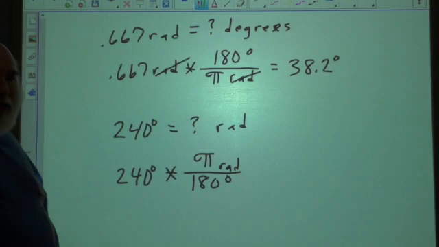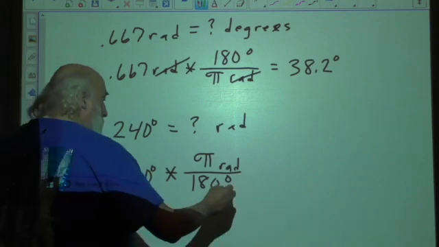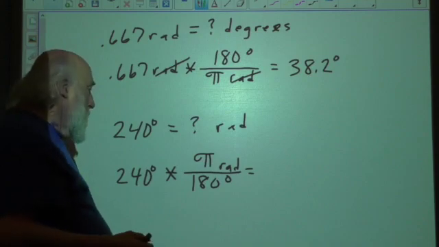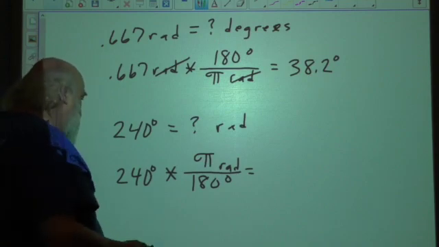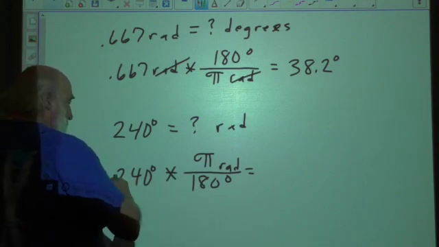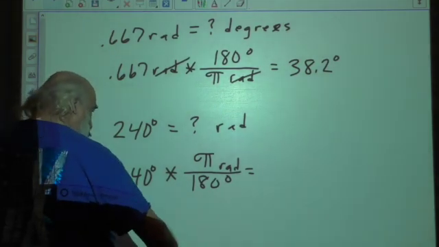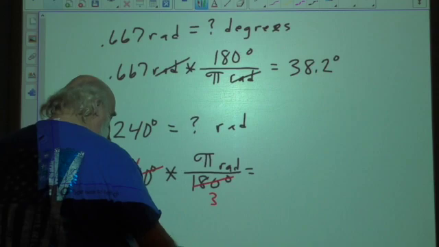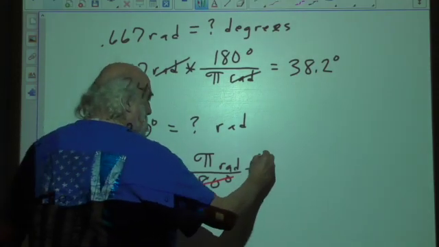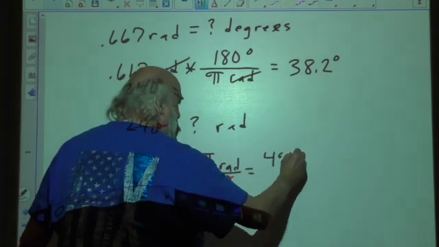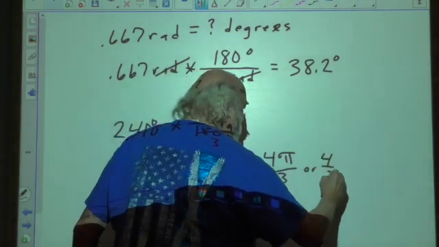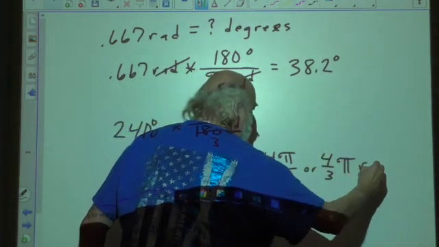Now there are two ways we can give this answer. One, if you want to leave it in fractional form, which you see a lot in various situations, you cancel a 60 out of both of these, and that's going to give you a 4 here and a 3 here. So your answer is going to be 4 pi over 3, or 4/3 pi radians.